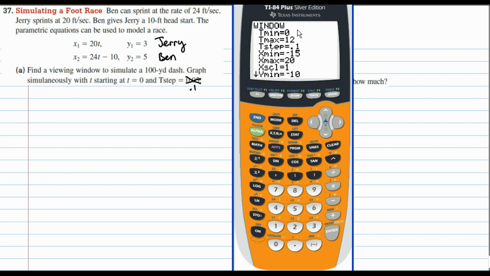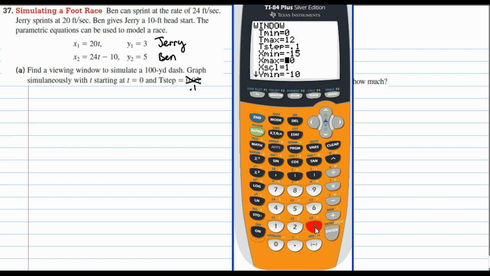Now the window, time equals 0, how many seconds is it going to take either of them to run 100 yards? So if they run 24 feet per second and I want them to run 100 yards, that's going to be 300 feet. So I want my position, x max, to be 300 feet.